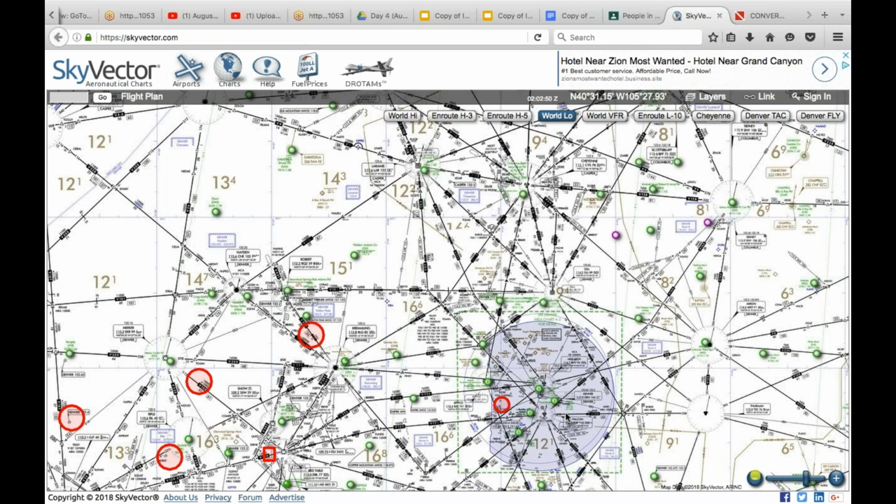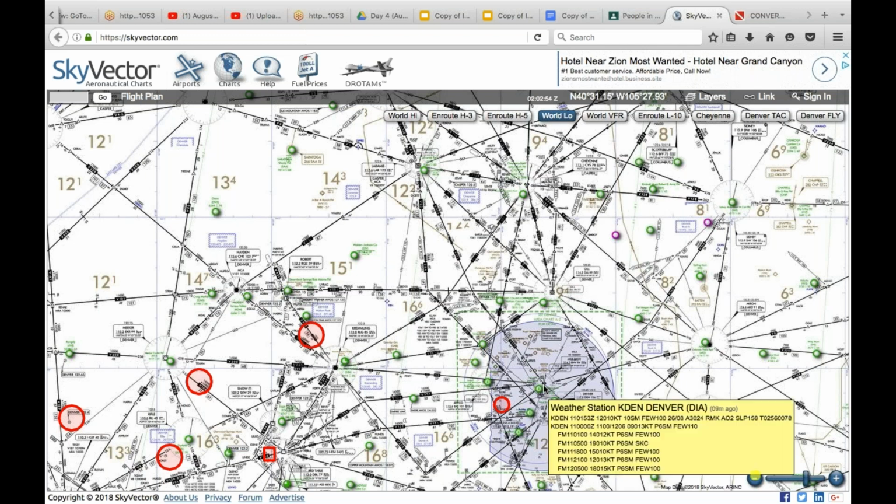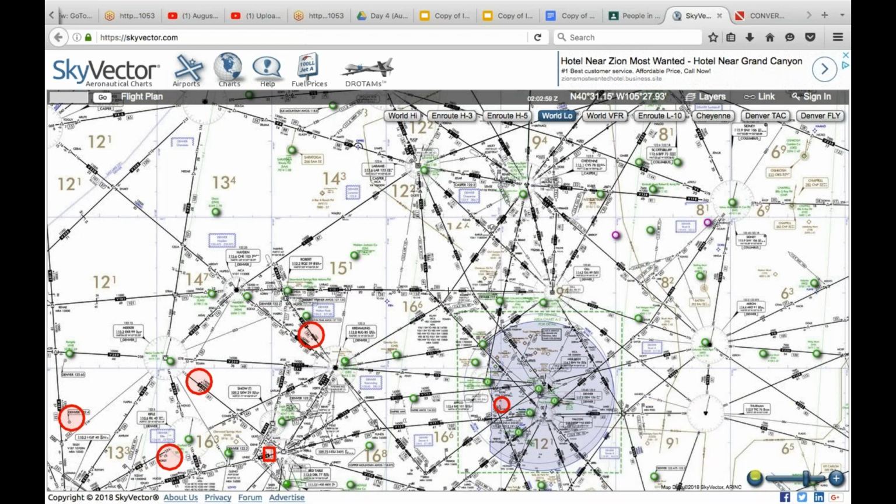Yeah, you can see Mile High VOR in that big blue circle. Yep. And you can see the Victor route. And I mean, we could just stay at 16,000 feet and go from there on this Victor route all the way up.